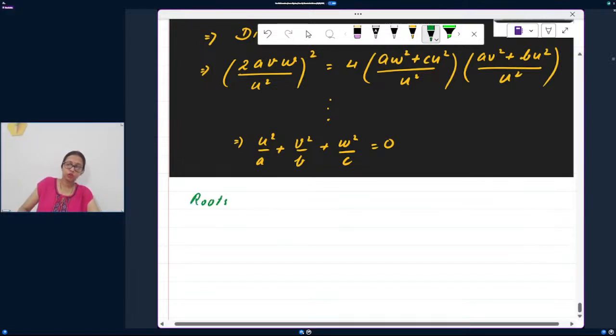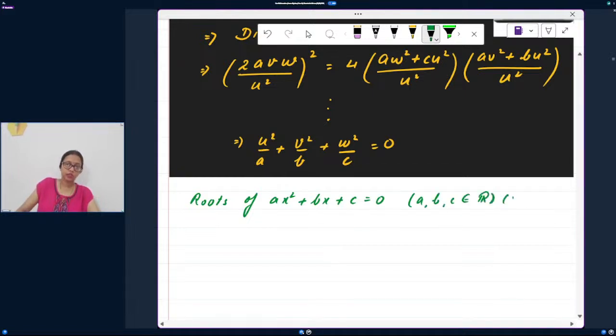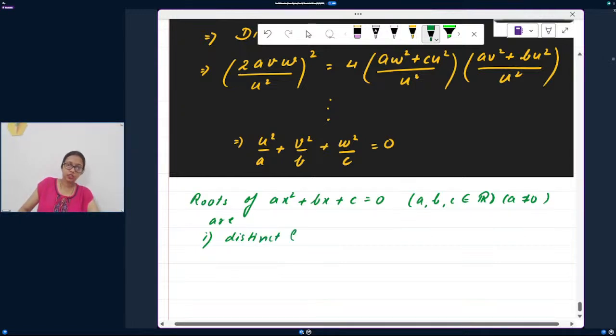The roots of ax square plus bx plus c equal to 0, where a, b, c are real numbers and a is non-zero, are, number one, distinct and real if the discriminant b square minus 4ac is greater than 0.